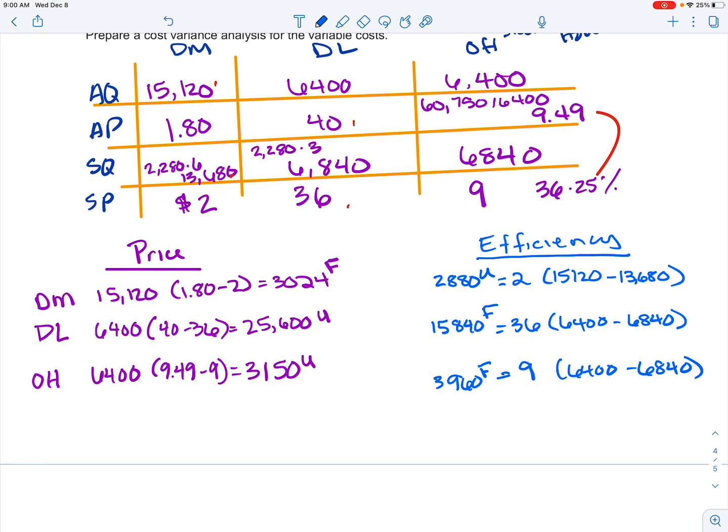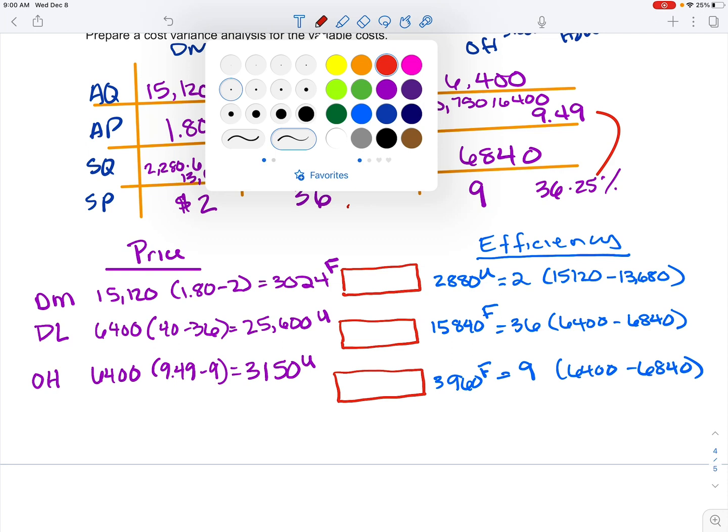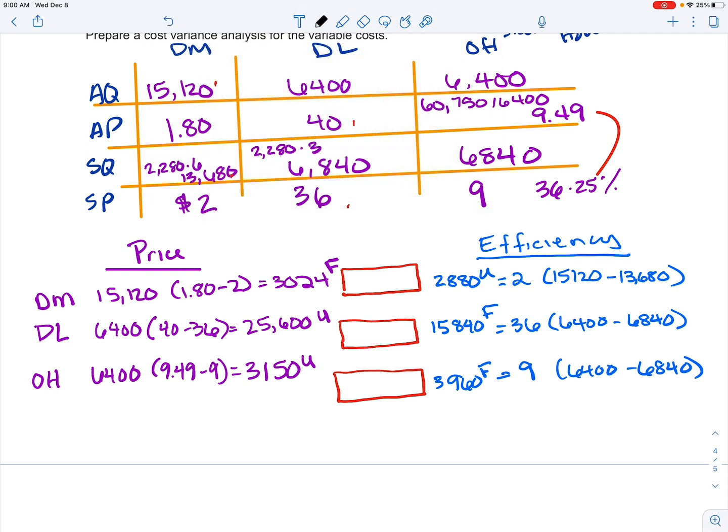So now what I want to do is just take a look at my total. I'm going to compare my price and my efficiency variances. If I combine these two, and one's favorable, one's unfavorable, the combination would give me $144 favorable variance.